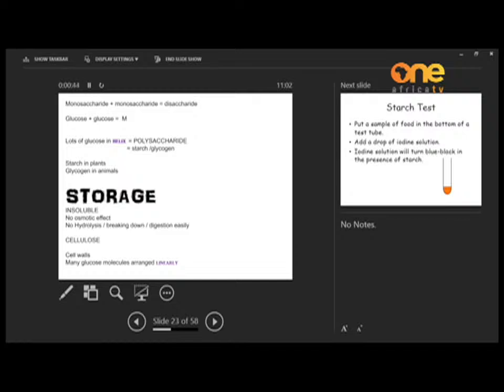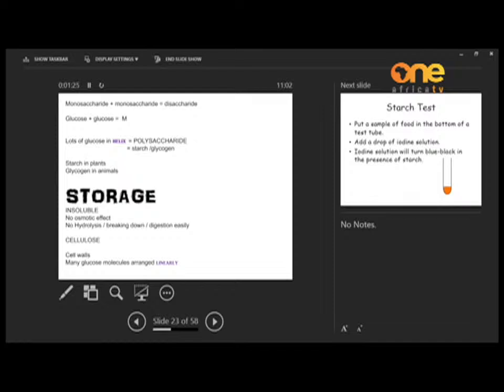Where do animals store the glycogen? Muscles and liver. Now, why do I have a small molecule and then I have a large molecule? I want you to think. If I take glucose and I put it in water, it will easily dissolve. It quickly happens. You agree? But if I take starch, it's a very large molecule. It will not dissolve in water.